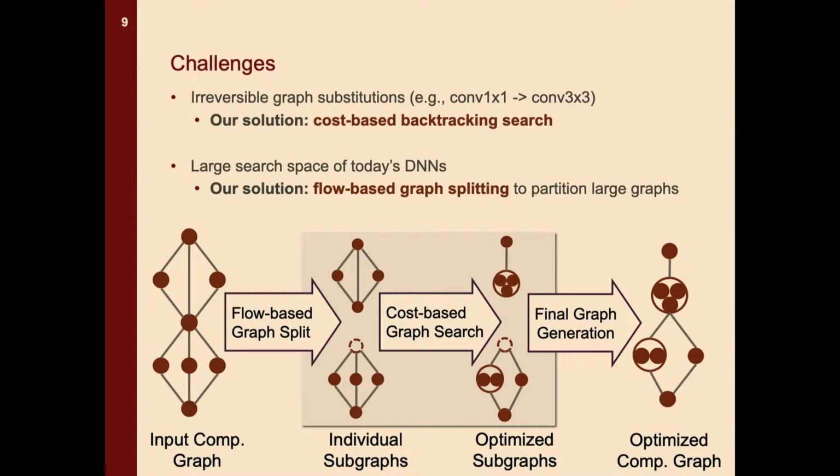For any arbitrary input computation graph, we first perform a flow-based graph splitting to split the original graph into multiple individual subgraphs. Then we can concurrently run our search algorithm on different subgraphs and get optimized subgraphs. And we can construct an optimal computation graph by using the optimized subgraphs as basic building blocks.